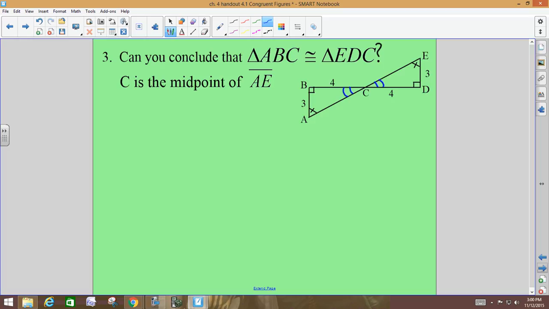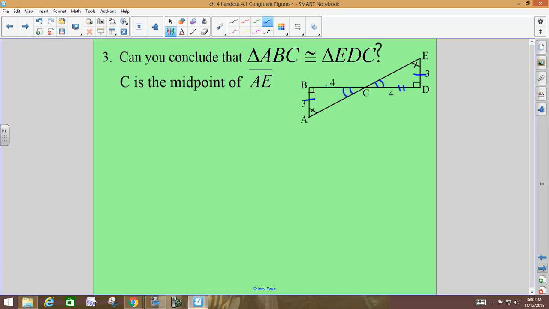Now we need to check the sides. The little 3 and 4 on the outside, those are the side lengths. So they're telling us that BA has a length of 3 and DE has a length of 3. Well, if they both have a length of 3, what can you tell me about those segments? They're congruent. Put little congruent marks on them. BC is 4 and DC is 4. So what do we know about those 2 segments?